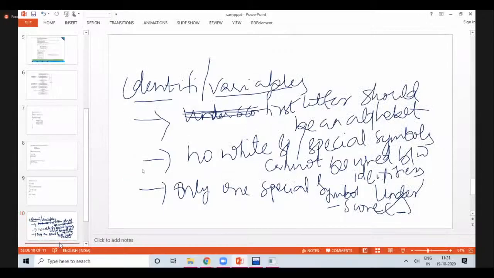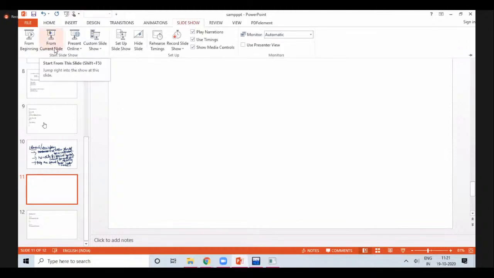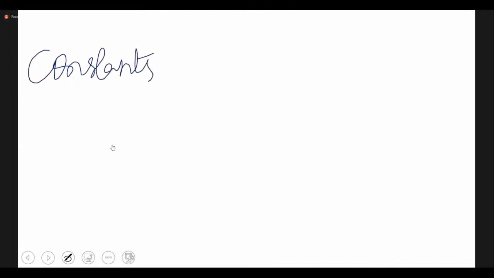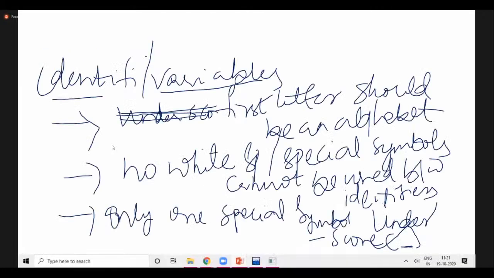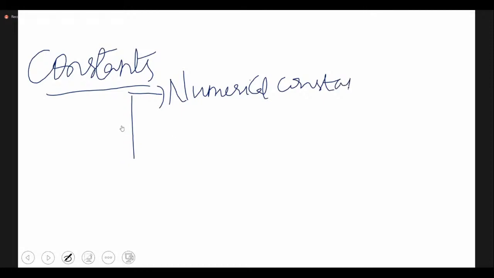So next we have constants. Let's talk about constants. Your constants are categorized as numerical constants and you also have string constants.